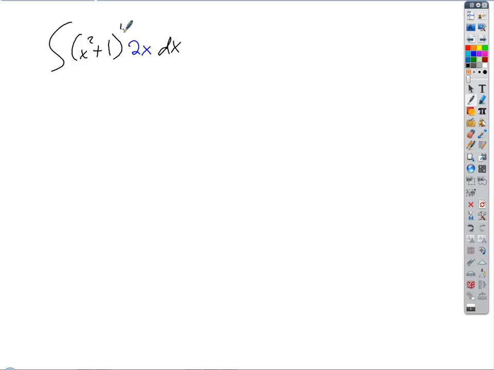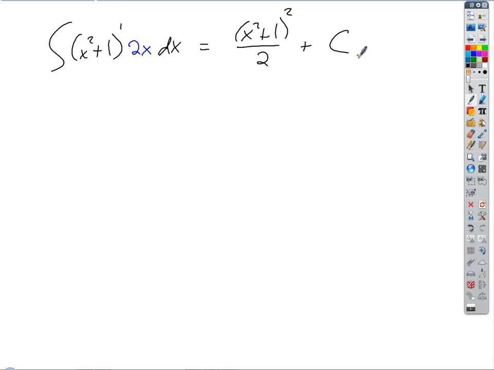So this is the derivative of what then? x squared plus 1 squared over 2, plus c, right?